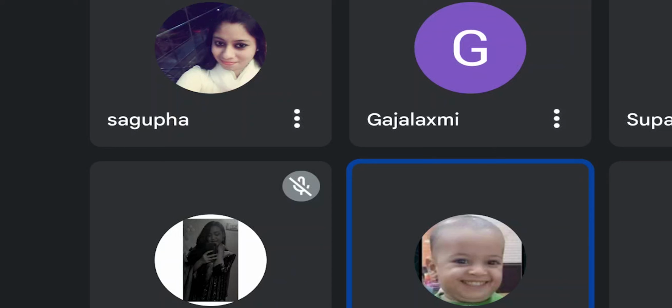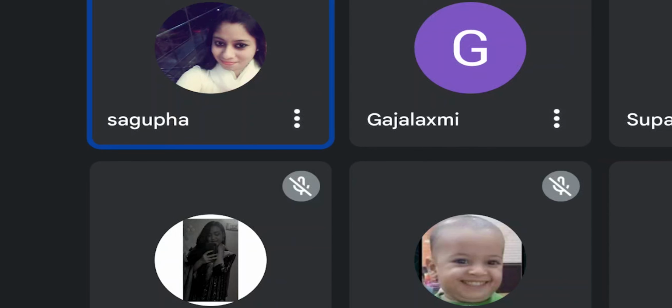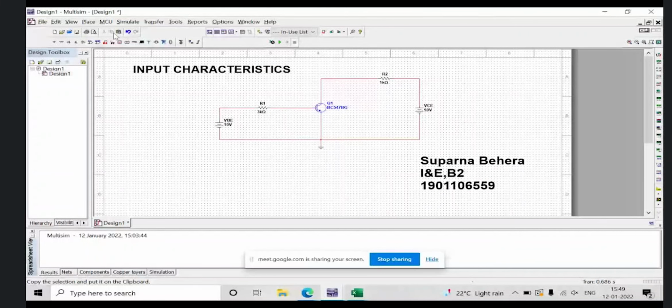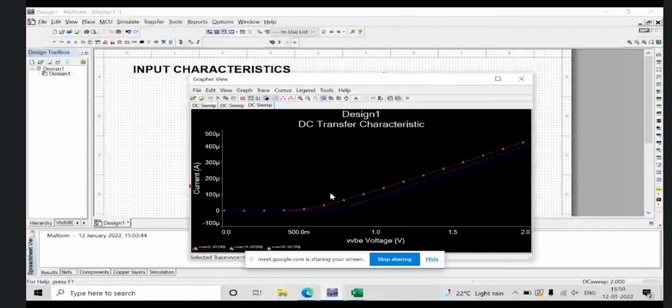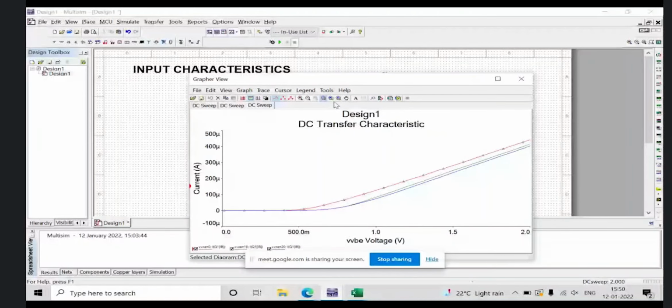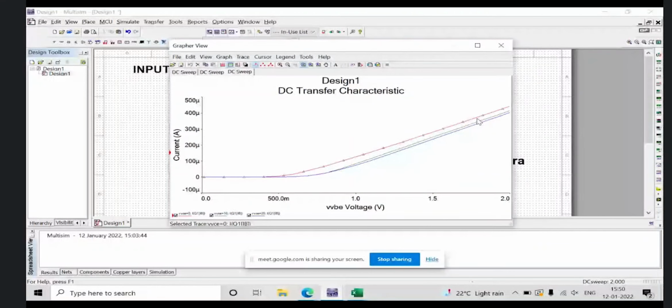Yes, Suparna, share. Suparna, do you know how to export the values? Yes, ma'am. I've already done it.